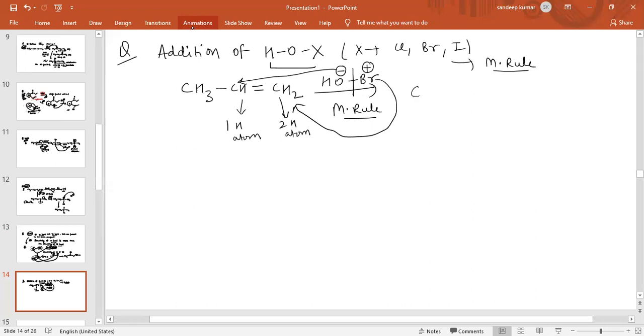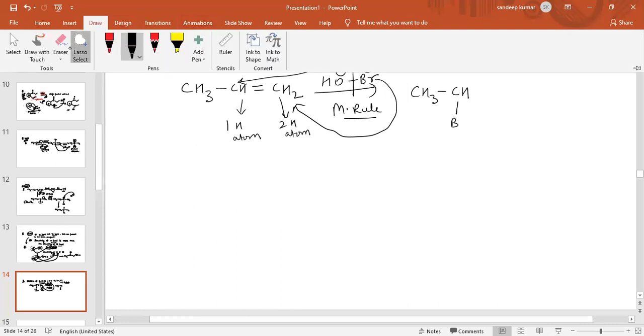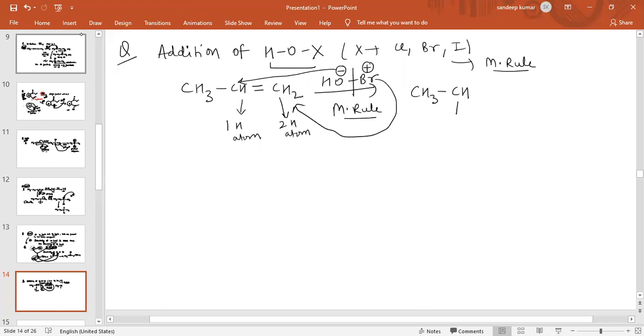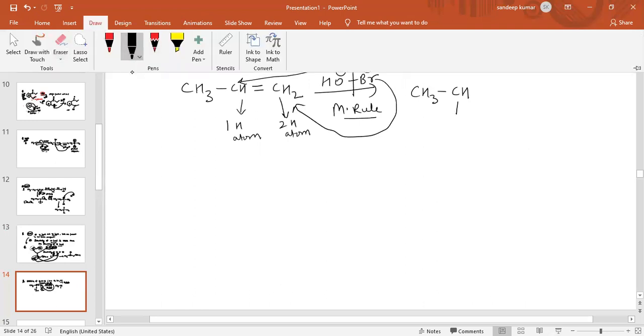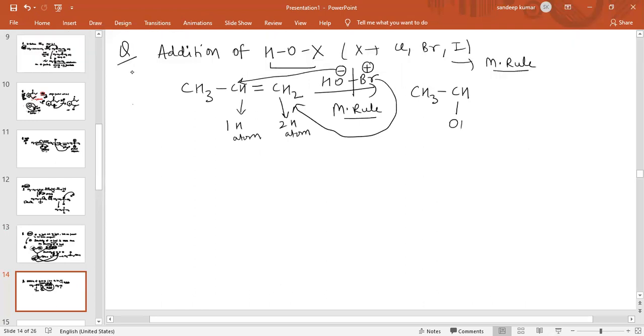So the product obtained is CH3CH, not Br, this is basically OH. This is the OH group because the nucleophilic part is OH, and bromine will add to this carbon atom.